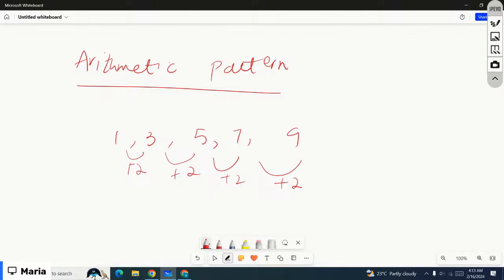You are adding the same number 2 each time to get the next number, right? And this one is also: 1 plus 1 is 2, 2 plus 2 is 4, 4 plus 3 is 7, 7 plus 4 is 11. That is also arithmetic, right? You can get the next number by adding a number.